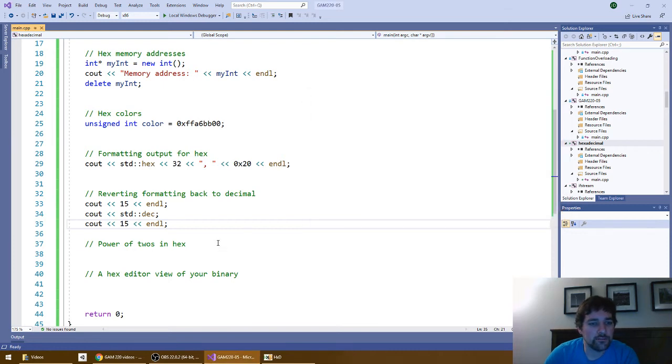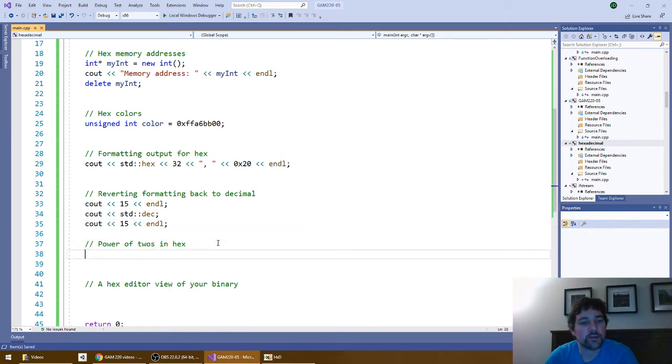A cool property of hexadecimal is that it happens to be a base that is a power of 2. So it has a close relationship to the binary base 2 system. In binary, if you were talking about powers of 2, here's 1, which is 2 to the 0th power.